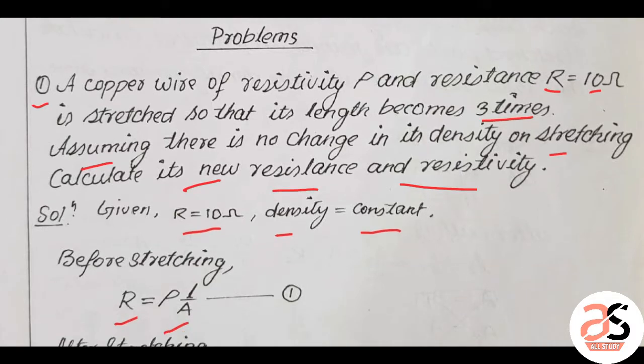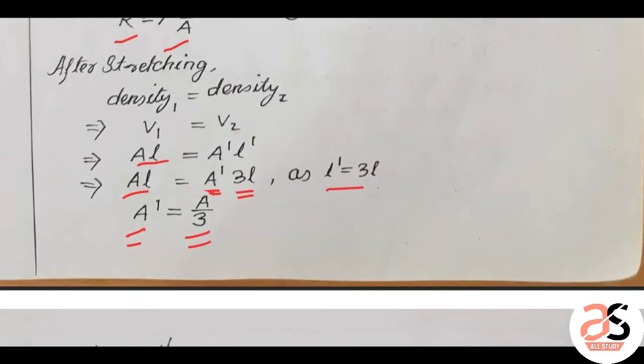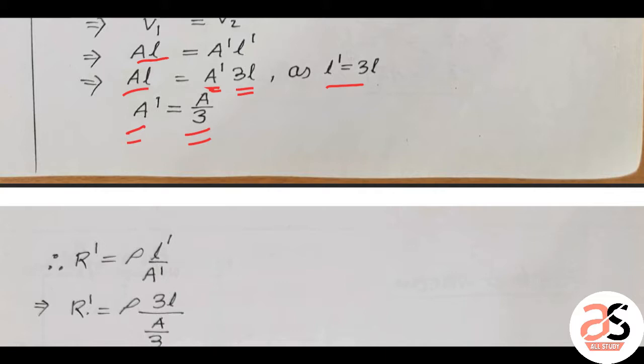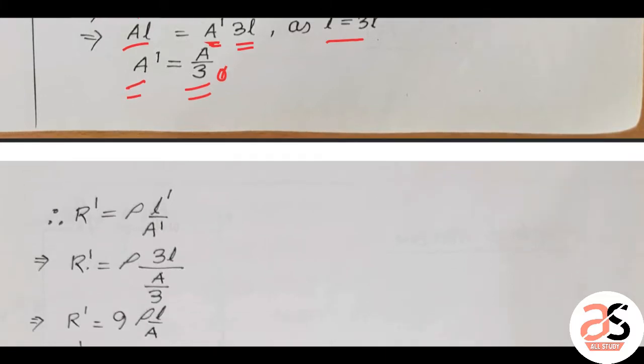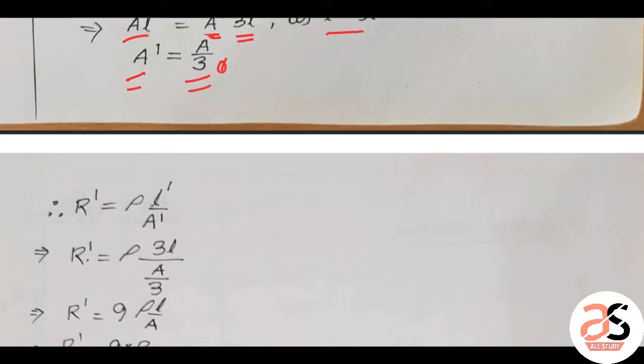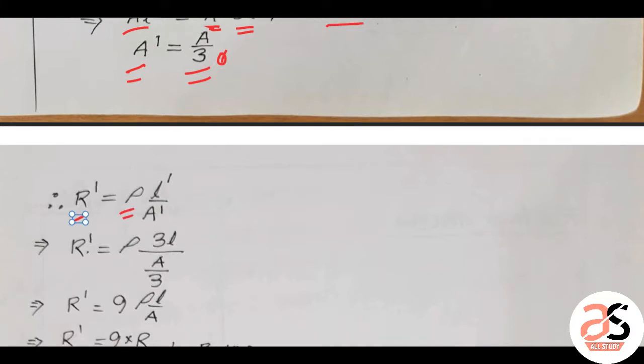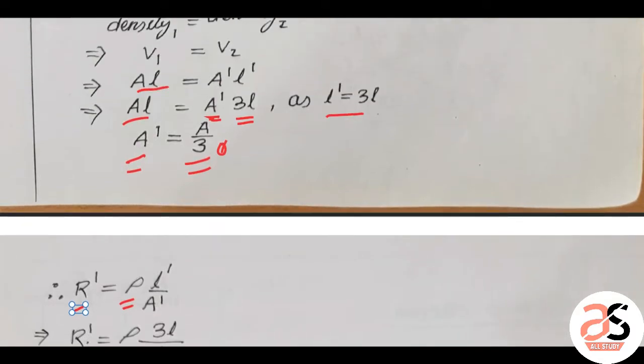So the length becomes 3 times, and the area becomes A by 3. Density is constant here, so volume is also constant, so their product must be the same. Now suppose this is the expression for the new resistance, R dash. Rho has not changed, resistivity has not changed. So L dash, and A dash here is reduced to A by 3.